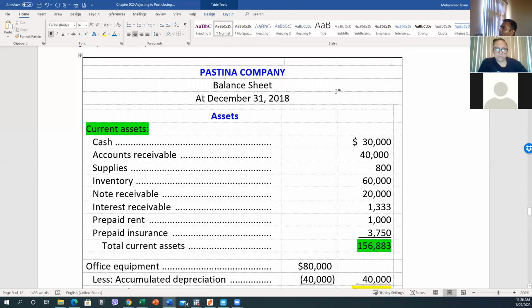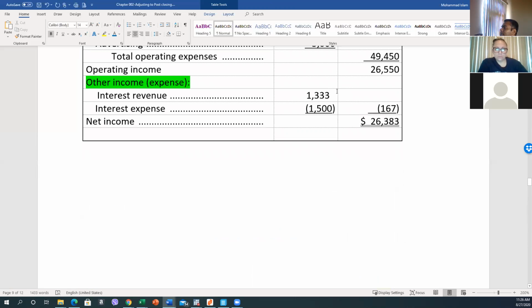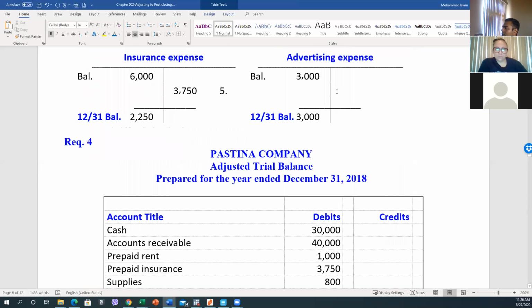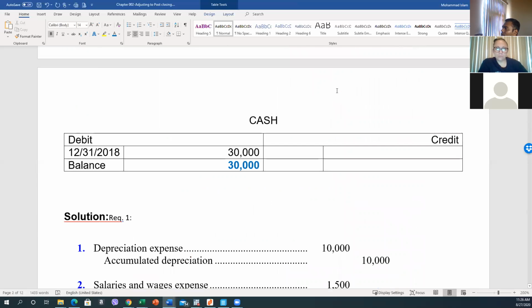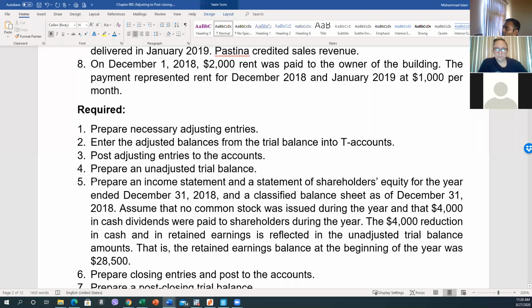So what we have done so far, see, this was a long problem. We have prepared the unadjusted trial balance, prepared the adjusting entries, posted the adjusting entries to the T accounts, meaning posted the balances and then the adjusting entries.